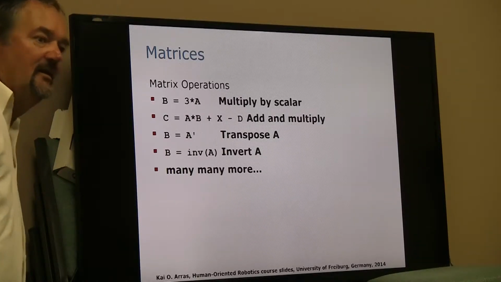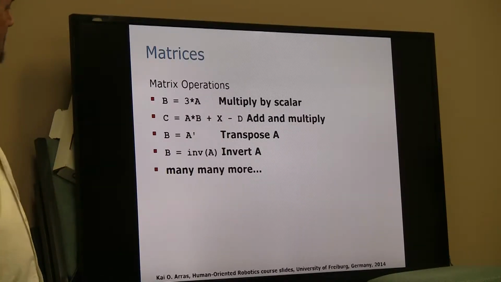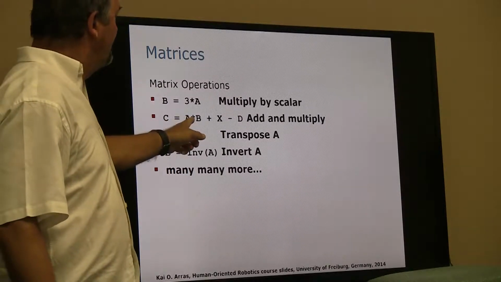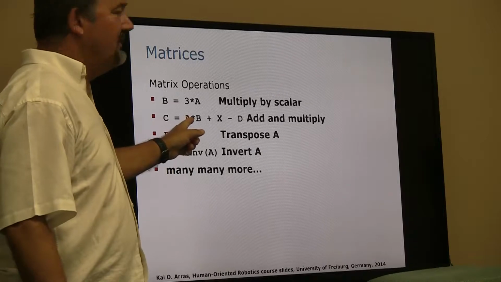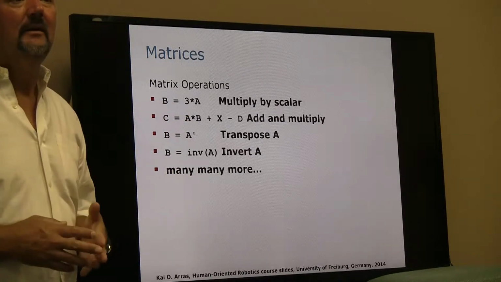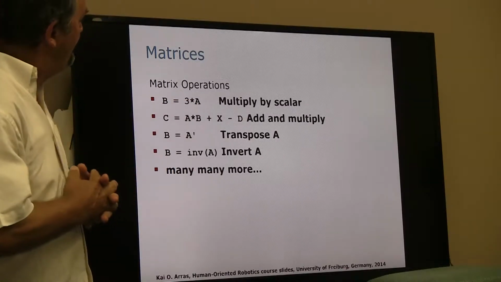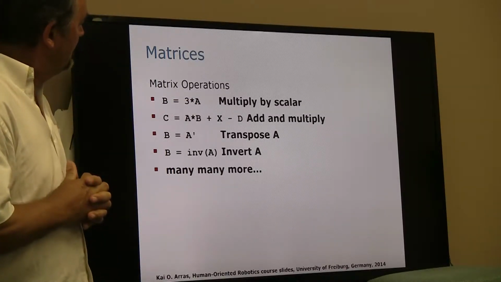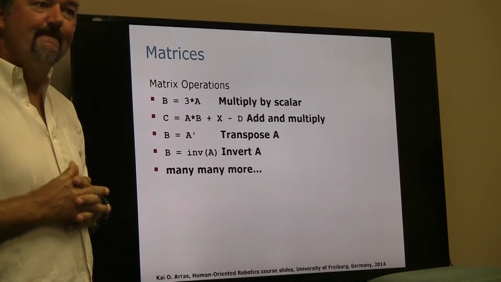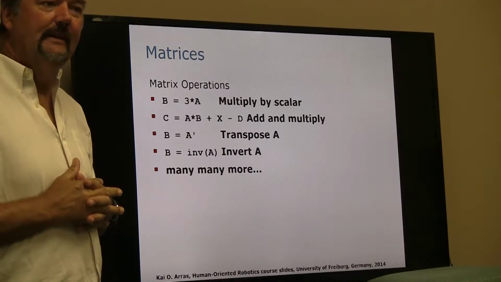How come you just have a star there for multiply, and before you had dot star? Okay, so I'm assuming here that... In the top, oh, here? Yeah. Good question.